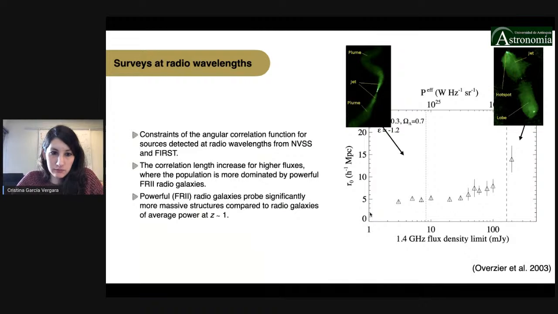This is more or less at redshift 1. The average redshift of the sample is more or less redshift 1. And this result also is consistent with other results that have been found at higher redshift, like redshift 2 or 3, in which radio galaxies are found to be hosted by very massive dark matter halos.